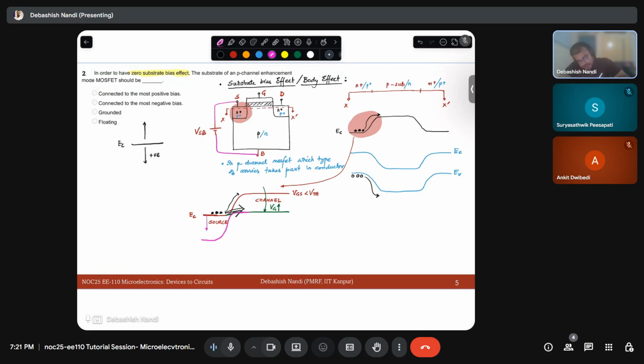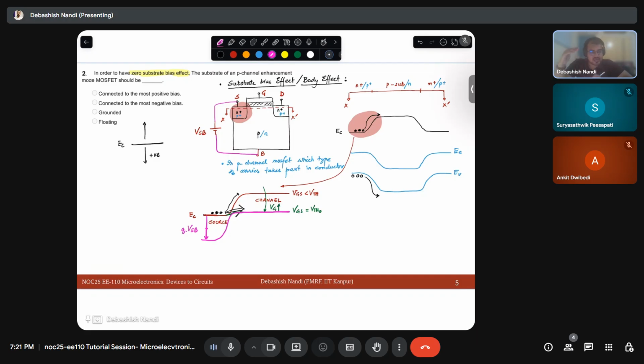Basically, now my bands will look like this. Earlier, in this case, it was VGS equal to VTH. Let us call it VTH0. So now what happens if I apply VSB? This barrier will lower by q times VSB, because I am applying positive voltage at the source.